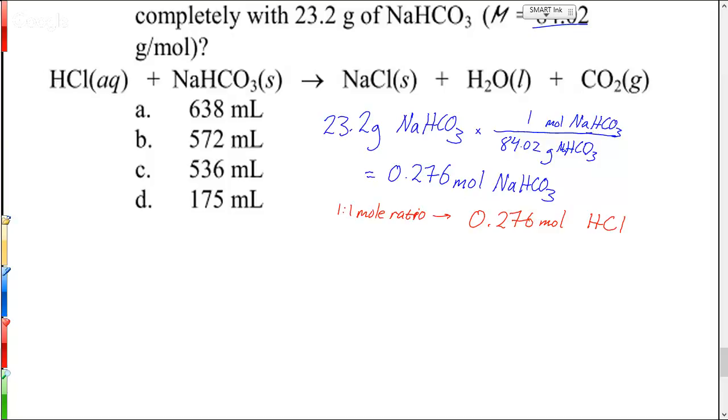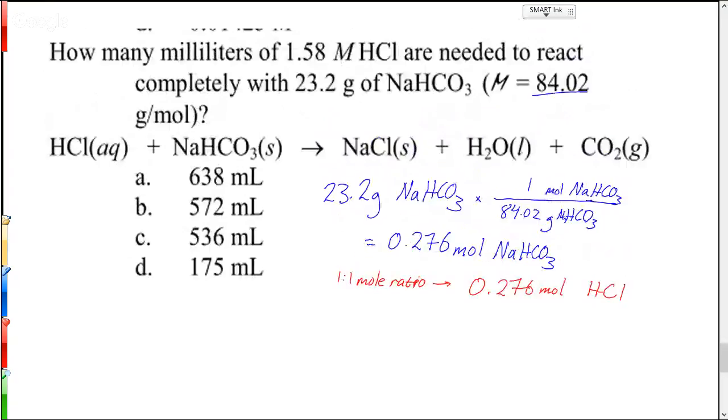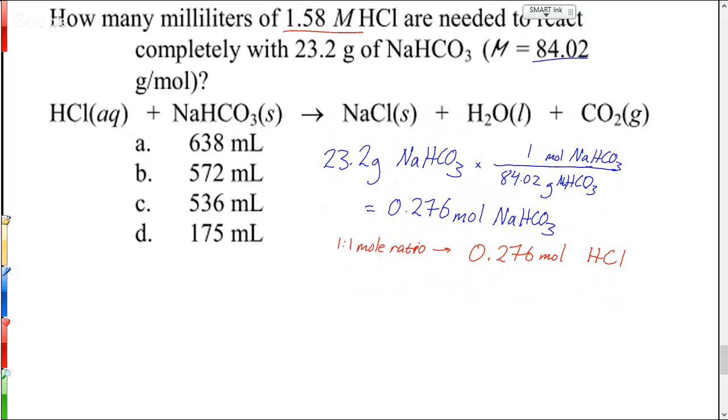So now the question is, what's the volume that we need? In order to find the volume, we know what the concentration is, and we can set up a proportion to figure that out. So we can say a 1.58 molar solution is 1.58 moles of HCl per 1 liter of solution, right?